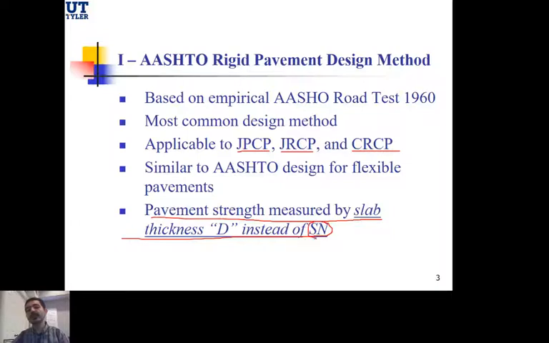If you recall, last time we had the equation: the structural number is equal to the thickness times the layer coefficient times the m, which is the drainage coefficient. In this case, the nomograph, instead of giving you the structural number and then you need to get the D, this nomograph for the rigid pavement is going to give you directly the required thickness of the PCC layer.